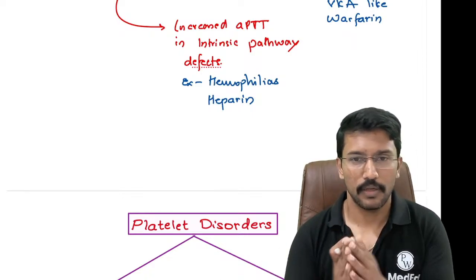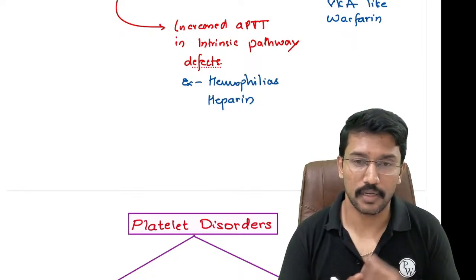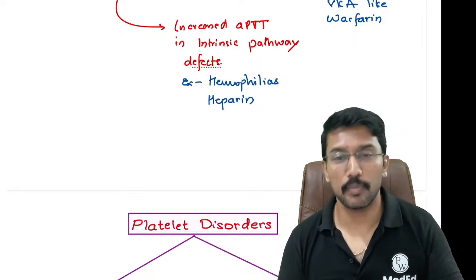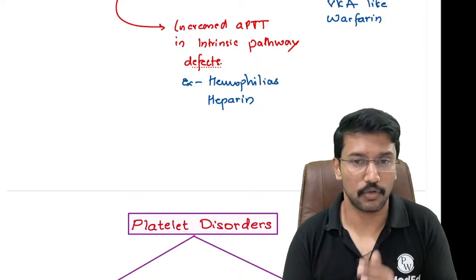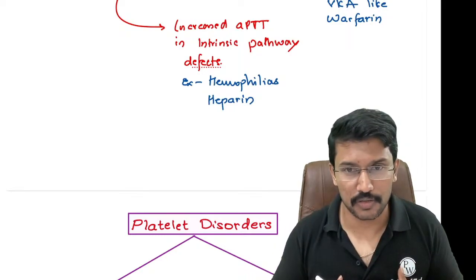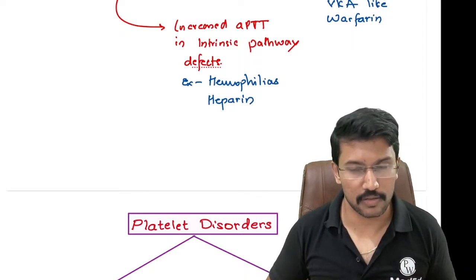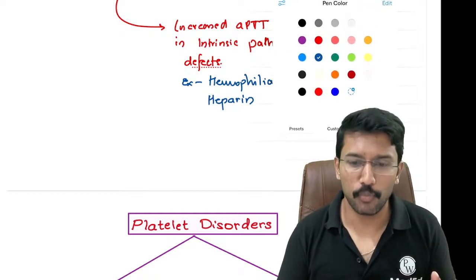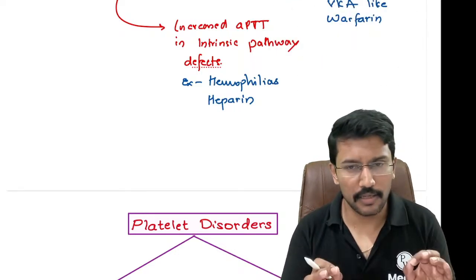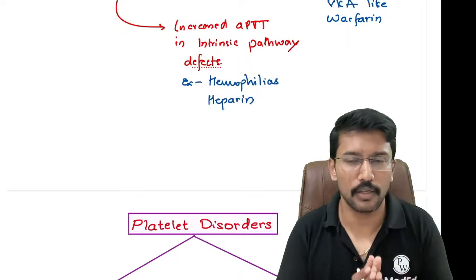And if there are larger bleeds into the skin, what we call ecchymoses, or delayed bleeding after the trauma, and bleeding in deeper structures, inside the muscle, the organs, or the joints, that is all pointing towards a defect of the coagulation cascade.